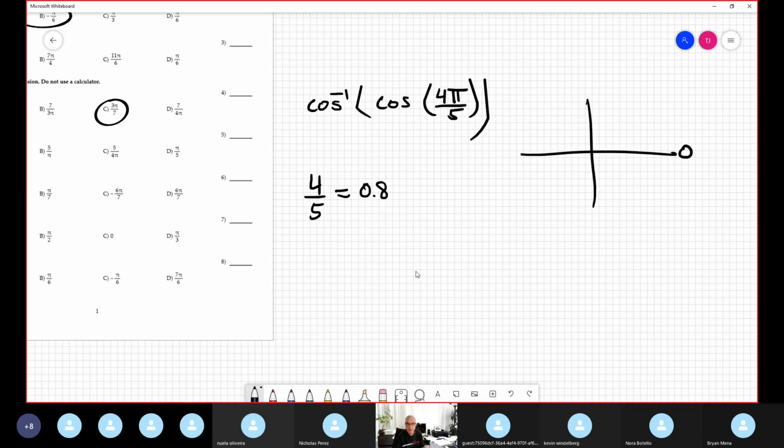Remember, this is 0, this is 0.5, this is 1, this is 1.5, and this is 2. And 0.8 lies again in the second quadrant. Entonces the cosine in the second quadrant is negative. It's negative, right? So that value is negative.